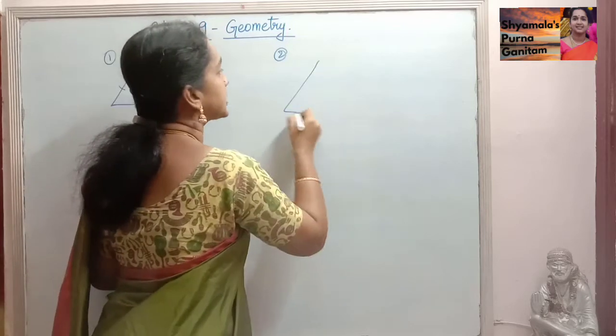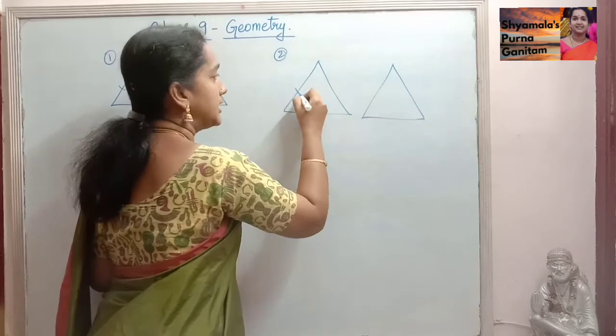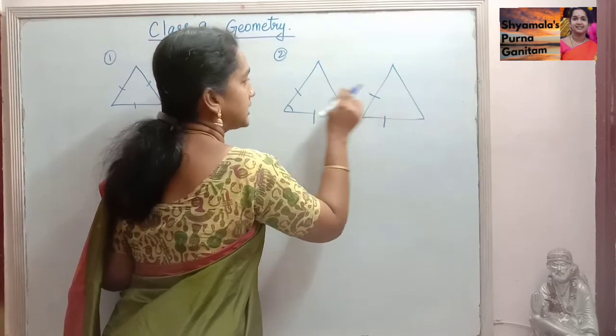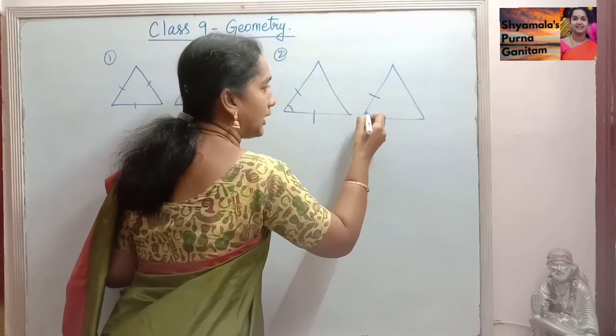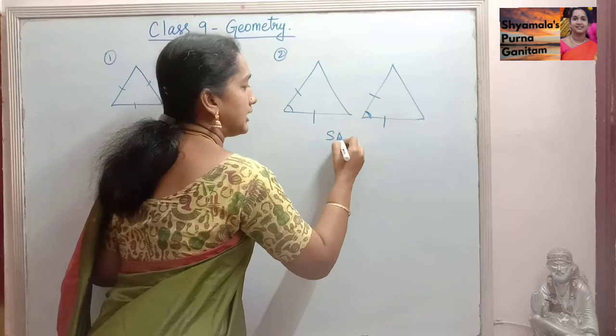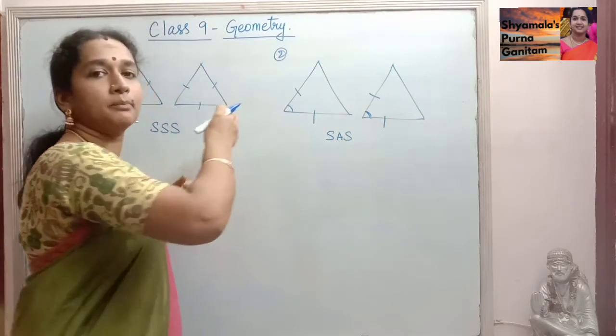Then the next one is SAS, two sides and one included angle. If we take these two sides and this angle, this side should be equal, this side should be equal, and this angle should be equal. So that is SAS congruency criterion. That angle should be included on both the equal sides.